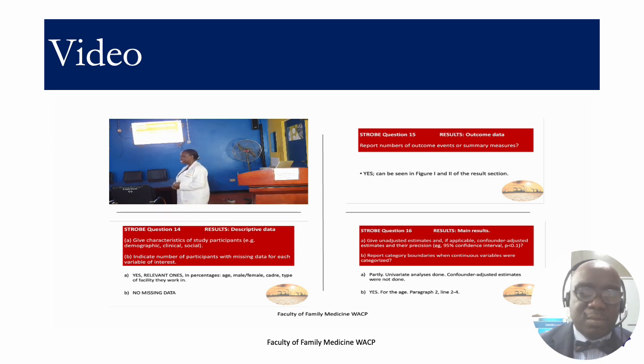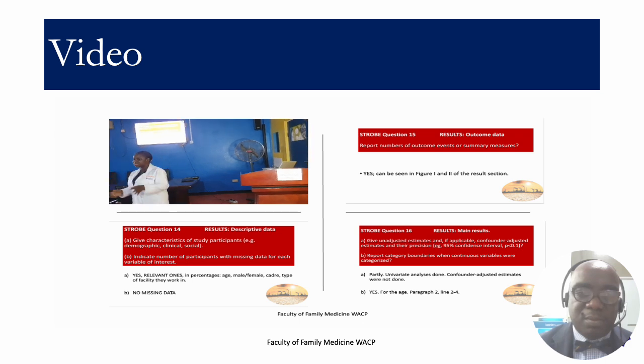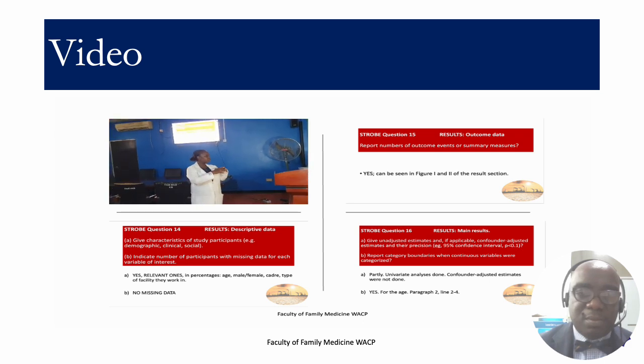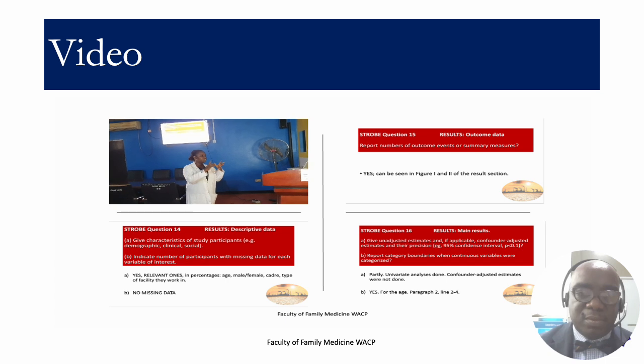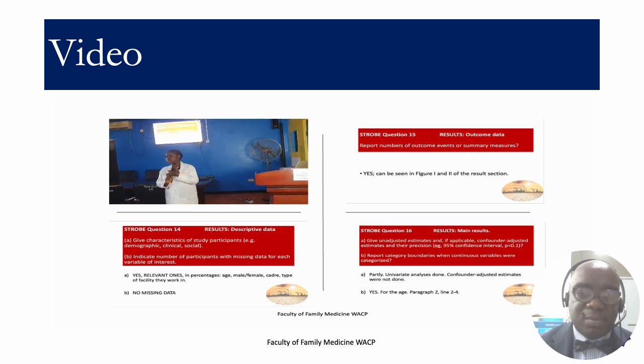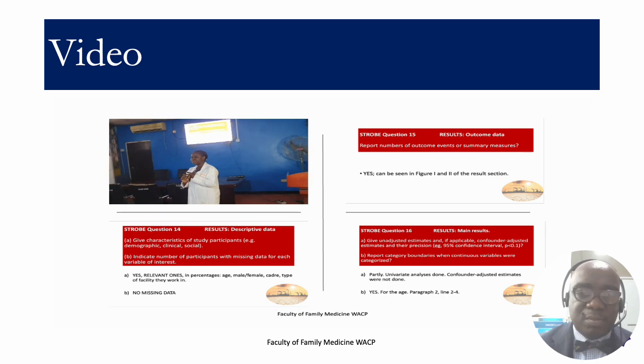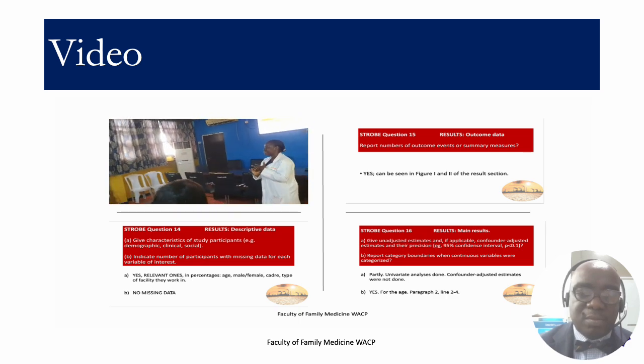I want to call on anybody who wants to answer, preferably a senior resident, as a junior resident might not. If you followed the article, why do you think they gave unadjusted estimates? Did they do confounder-adjusted estimates? Anybody?